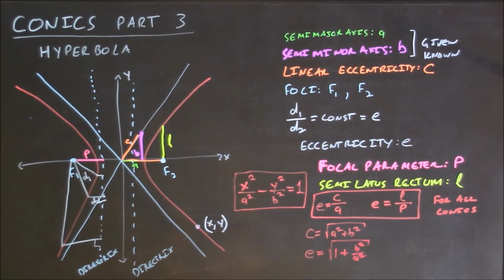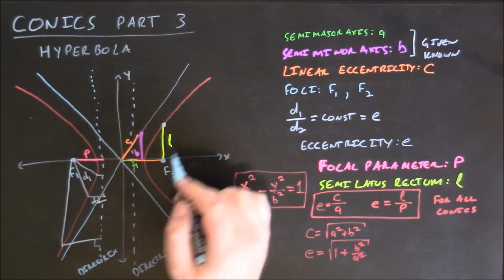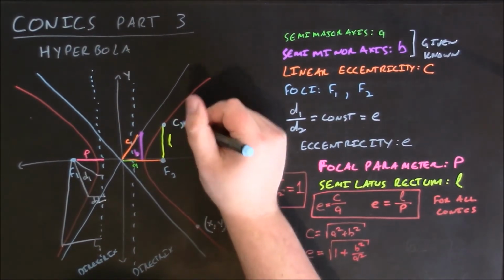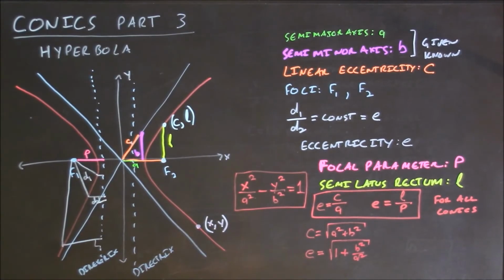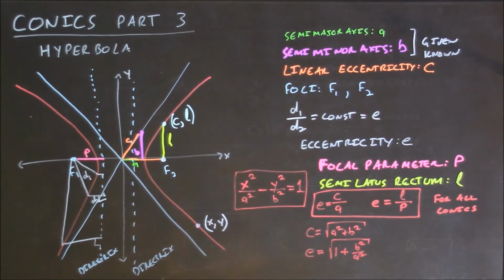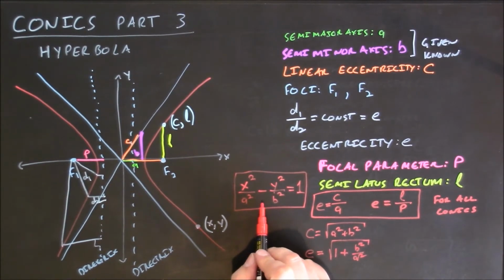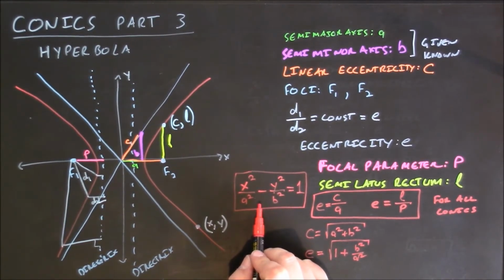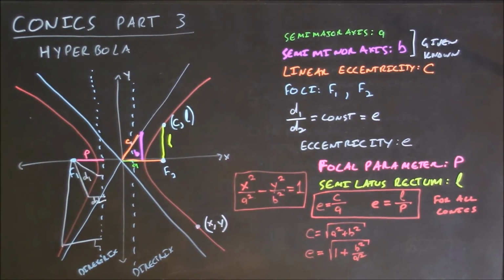Now, we know the location of this point up here. We know that this point is the distance c in the x direction and the distance L in the y direction. So now what we can do is take that equation and plug it into the common equation for all hyperbolas. And then we could do some algebra and combine it with these other terms that we know, and we come up with an equation for the semi-latus rectum.